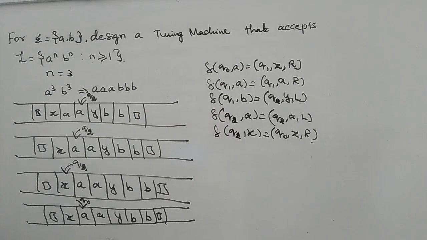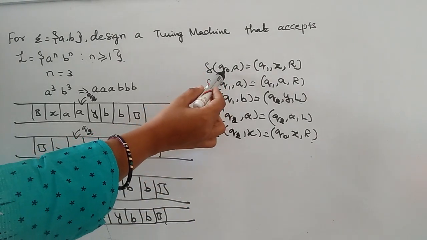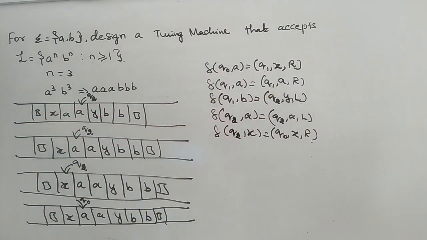Why am I writing the state Q0 here? Because I have already written Q0 of A equal to Q1 comma X comma R, and I am going to repeat the same process.